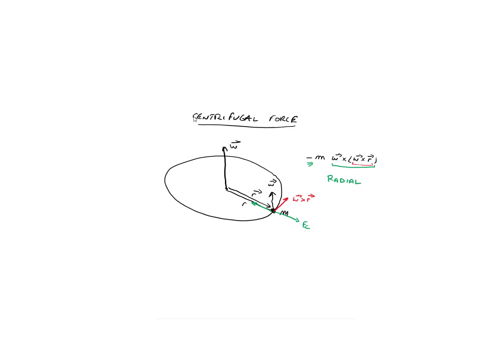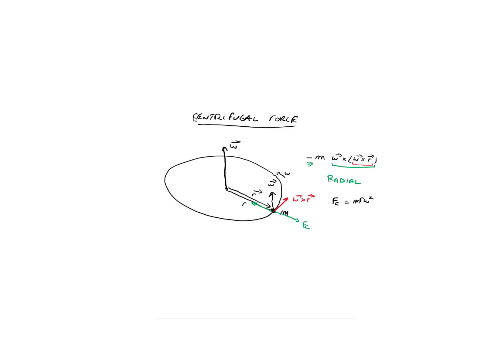So Fc is a radial force, pointing in this direction. And if you want to see what its magnitude is, you have here something that is turning at rotation speed omega. Well, you have m, and then you have to multiply by the square of the rotation speed, omega squared, and multiply by r, which is this distance here.